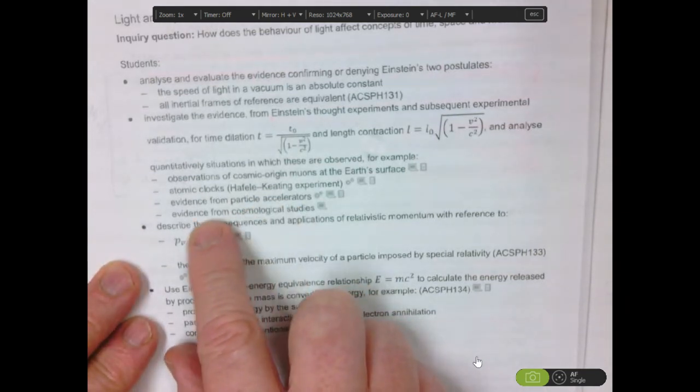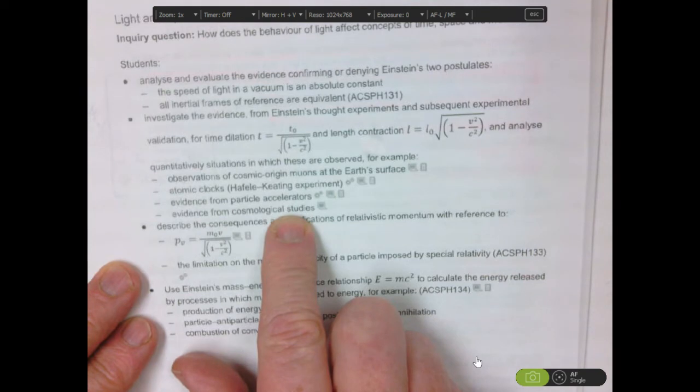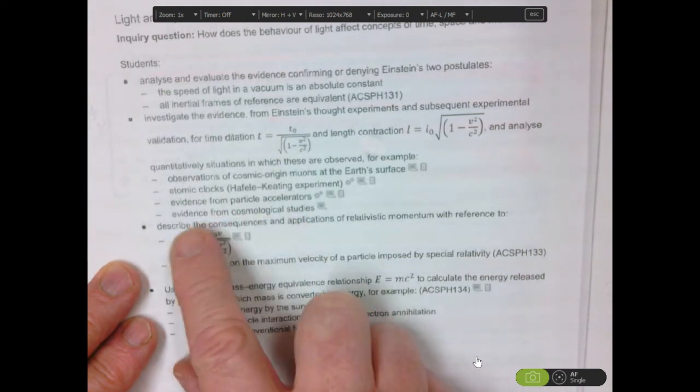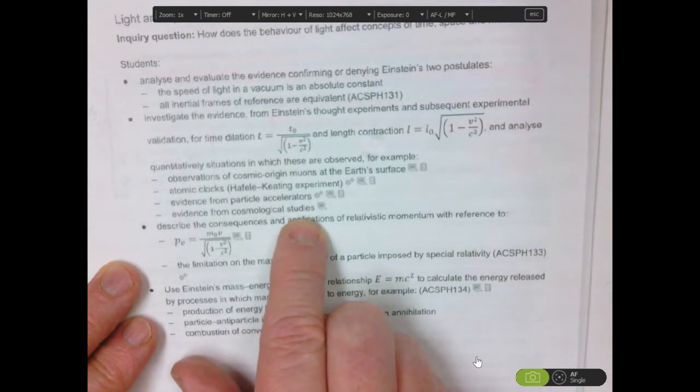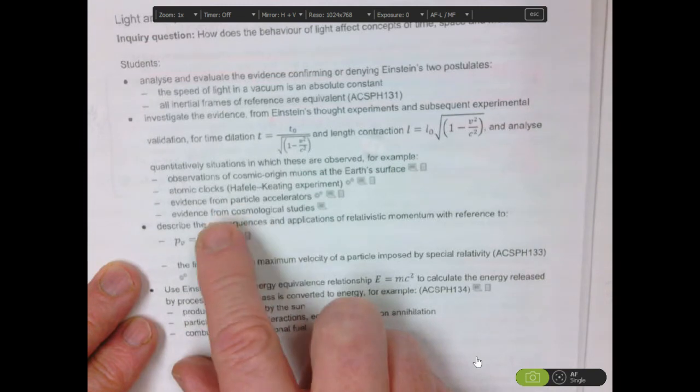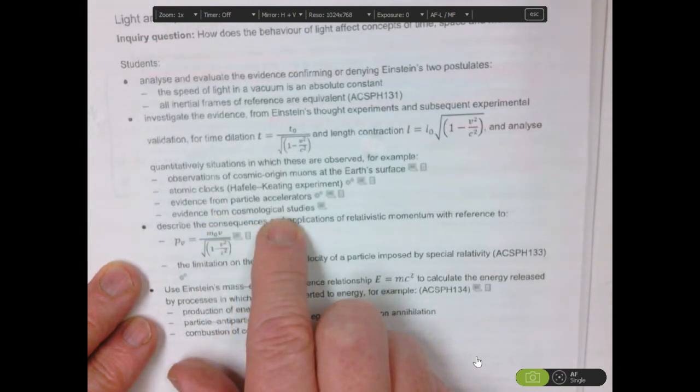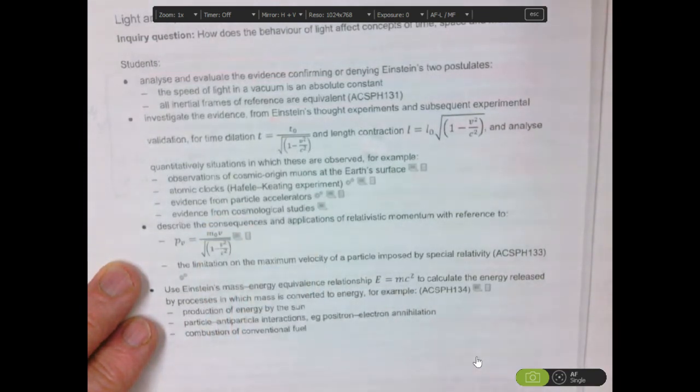This one here, I'm trying to find what it actually means in different textbooks. In nearly every textbook, it's just glanced over because I don't think the writers of the syllabus really knew what they were asking here. So what I think that dot point is actually asking is this one here.